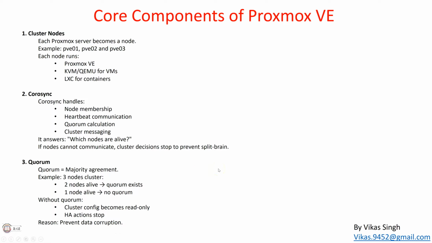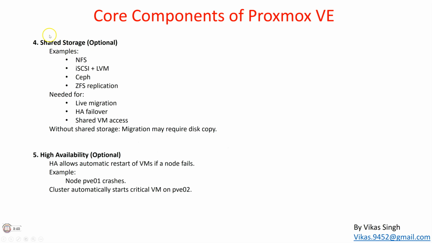These are the 3 major critical parts of the Proxmox VE cluster infrastructure, and there are also some optional components, which are important when you are configuring a production infrastructure. First, shared storage. Without shared storage you will not be able to do live migration, HA failover, or shared VM access.